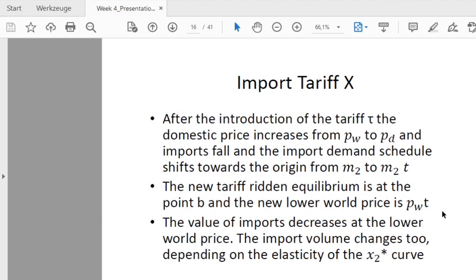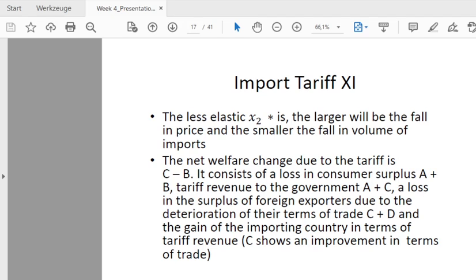Since the price has fallen, the value of imports decreases, and the import volume changes too, depending, of course, on the elasticity of the curve of foreign supply X2 star.